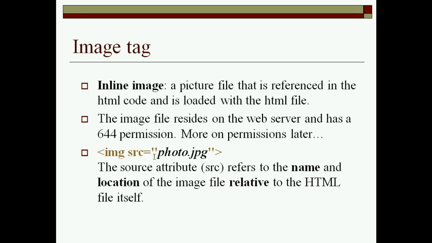Of course, like before, you may have an image residing at a different location, in which case you would have to specify the path in front of it, or on another server, in which case you would need to specify the file with its whole URL, meaning the HTTP protocol, followed by the domain name, path, and the file name.